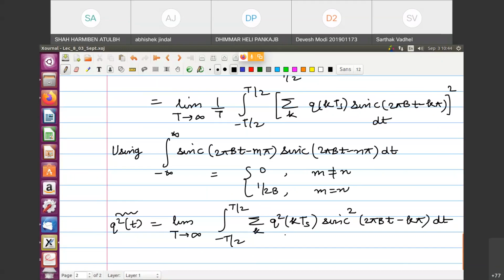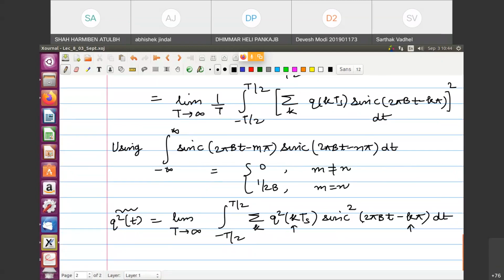Remember that this k and this k are the same basically. Why? Because of this property. If you are squaring a series, you will get a lot of cross terms, and all those cross terms go to 0 because of the orthogonal property of the sinc function. So you are left with only the square of the individual terms.